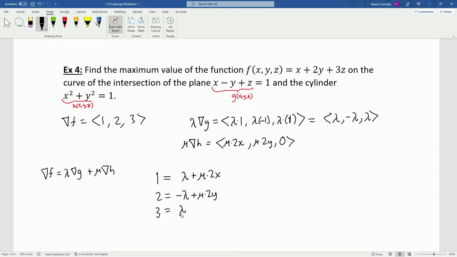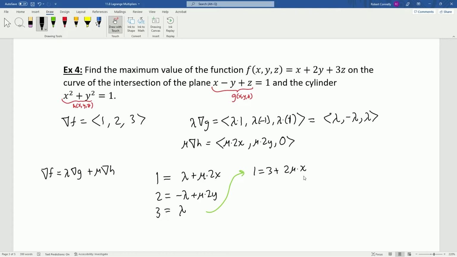Well, that's helpful because that gives us an immediate value for lambda, so that makes things a little bit easier. So if I take lambda and I plug it into my first equation here, I get 1 equals 3 plus 2 mu times x.